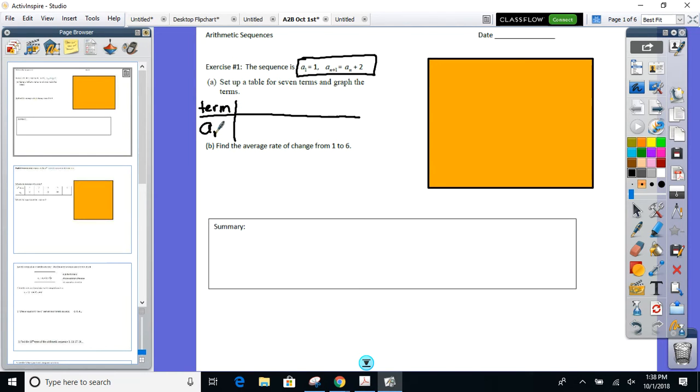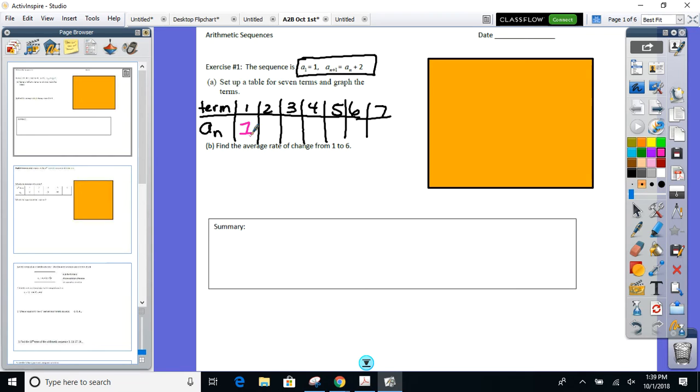And the second row I'm going to call A subscript n. So term 1 would be what? Term 2 would be what? All the way up to 7, which is what it asked for. So term 1, 2, 3, 4, 5, 6, 7, what are they? I already gave you term 1 was what? 1, okay. Can you guys find the rest of them? What's term 2?